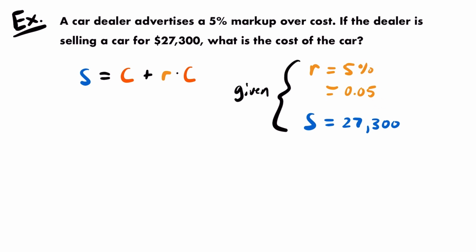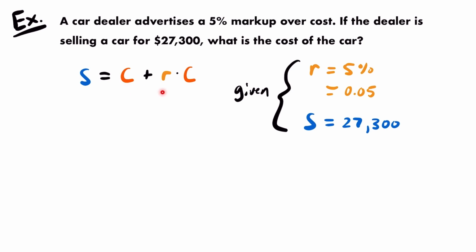All right, those are our given values in this problem. But now let's use them, because what we want to find here is the cost of the car. What did it originally cost before it was sold at this price? Well, we can find it because we know everything else in this equation. We know what the selling price is, and we know the markup rate. So we can substitute those values in for R and S in this equation, and then the only thing left to solve for would be C, the cost of the car.